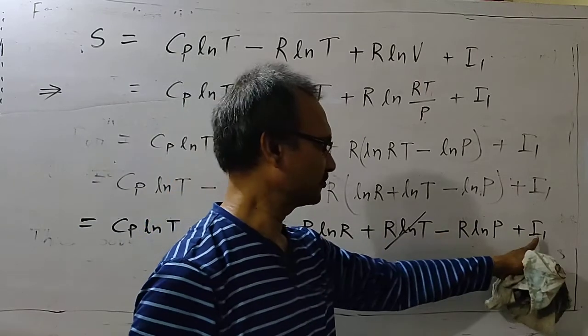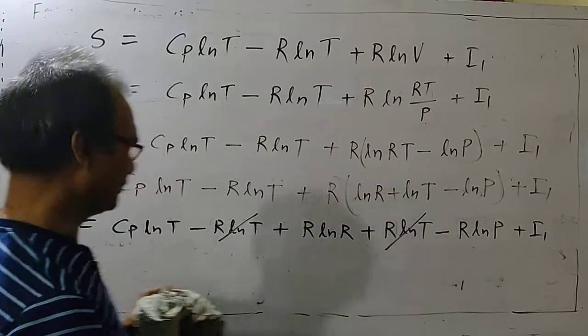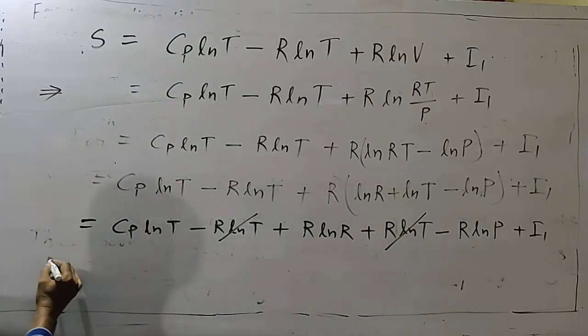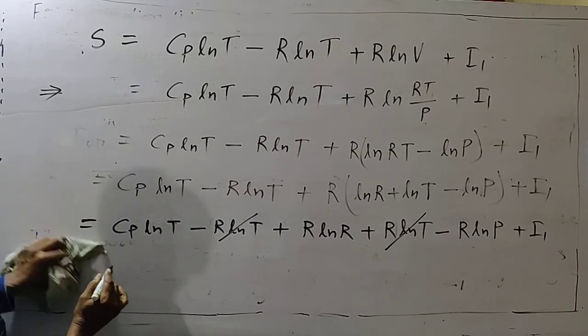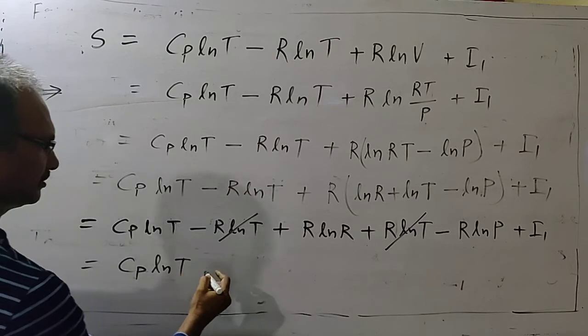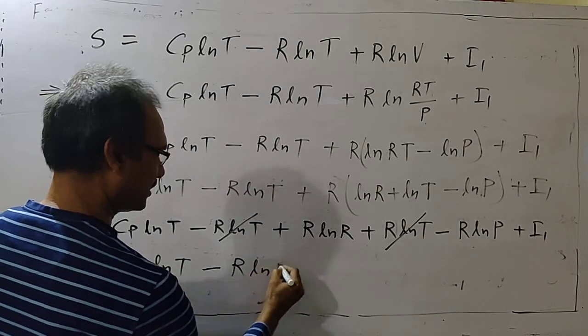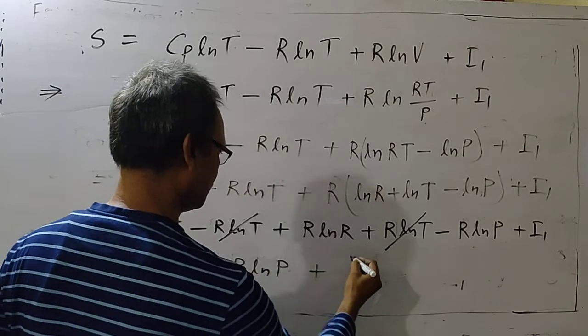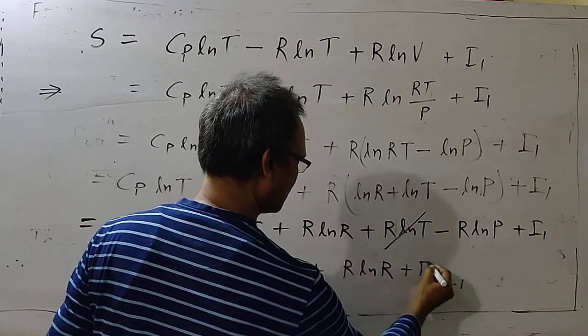By adding this constant we get another constant. Thus Cp ln T minus R ln P plus R ln R plus I1.